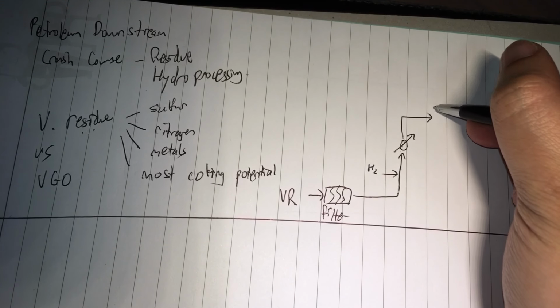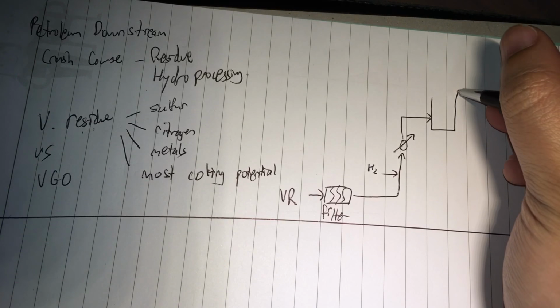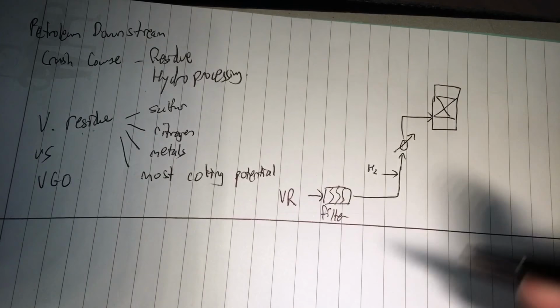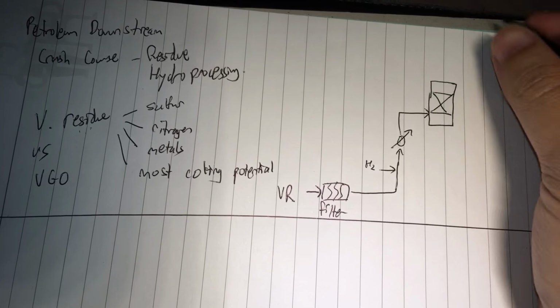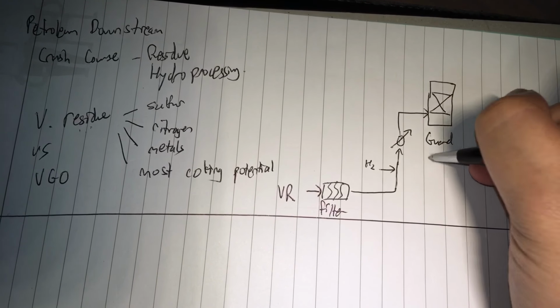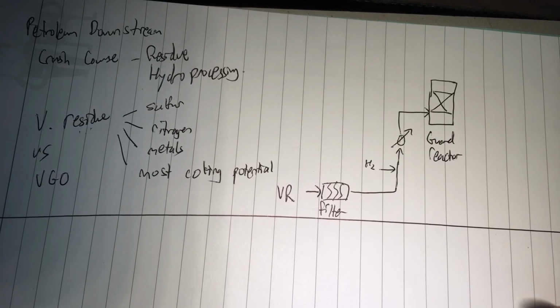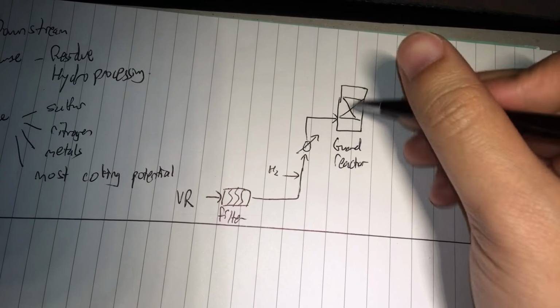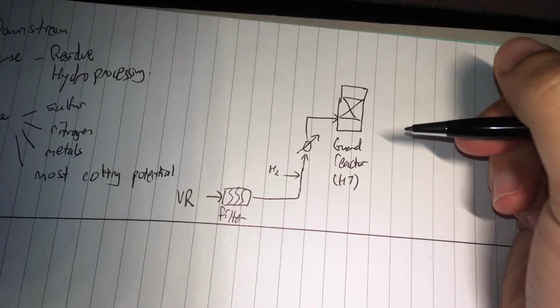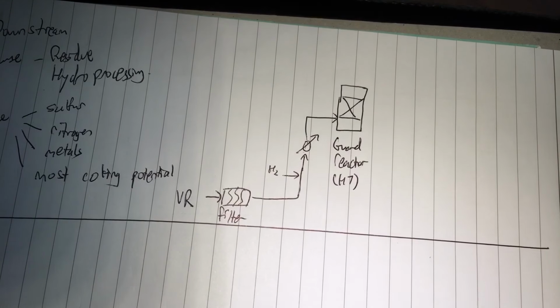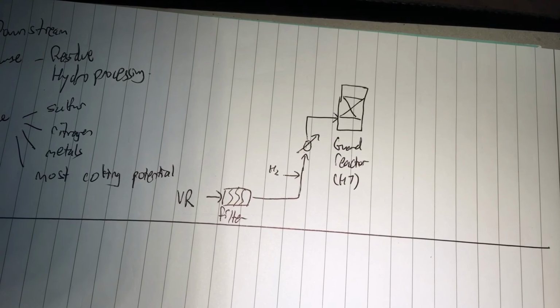And just the same as the hydrocracking process, you go through a guard reactor. This is where the hydrotreating will occur. So you'll get rid of the impurities and anything else that could poison and interfere with the cracking process.